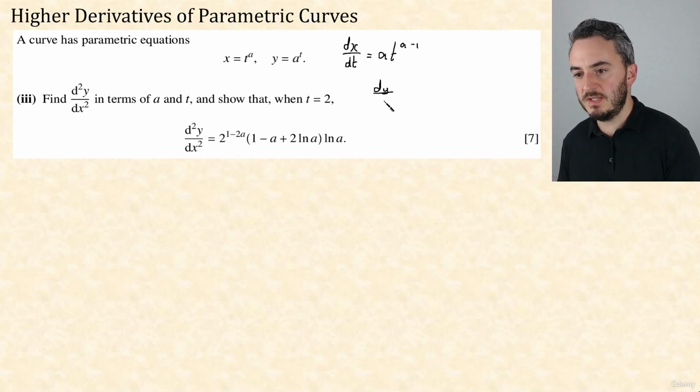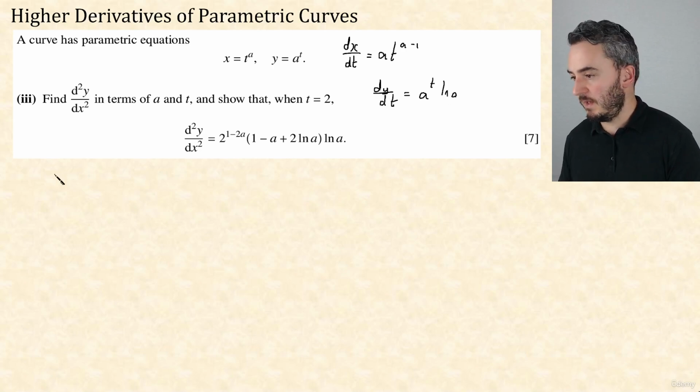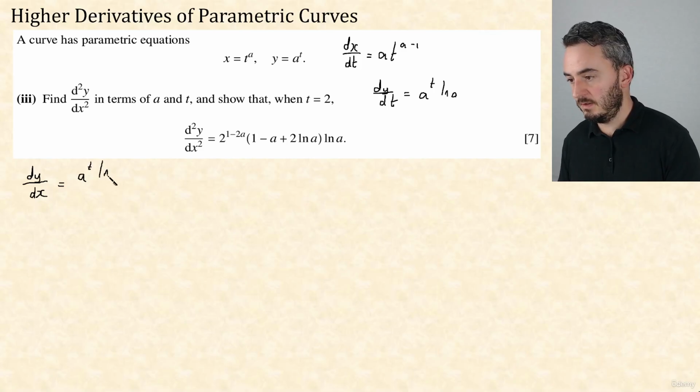And we already know that dy by dt is a to the t ln a. So that means that dy by dx is simply this one divided by this one. So a to the t ln a divided by a t to the a minus 1.